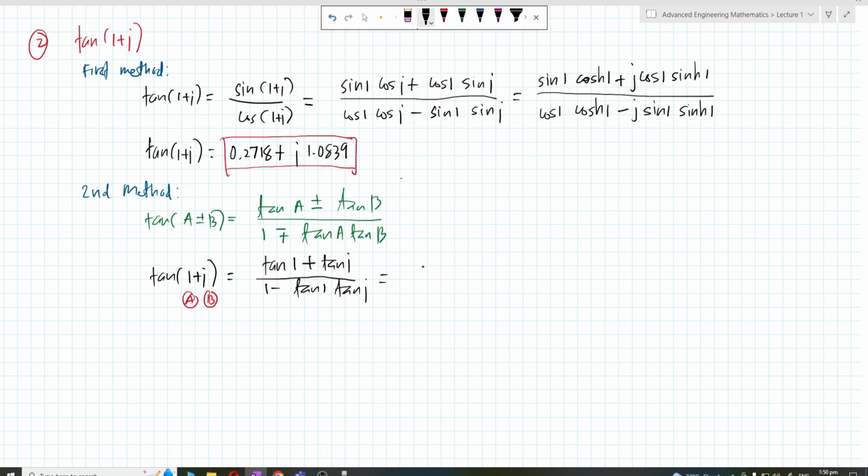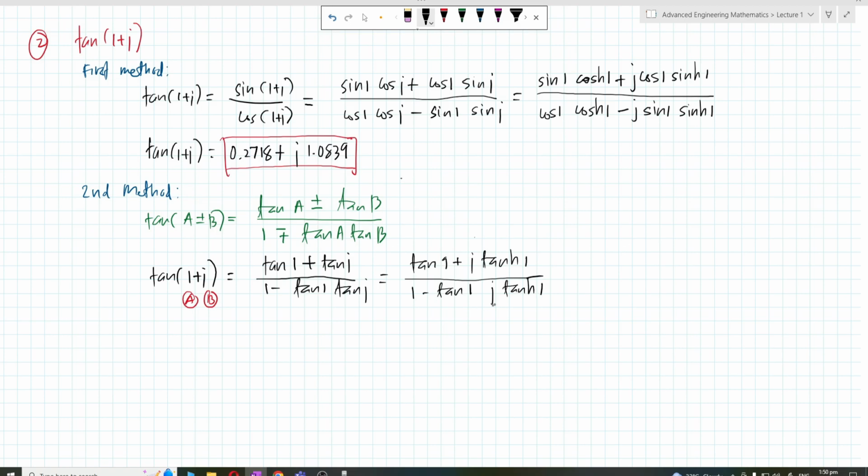Then rewrite the terms with j. So tangent of 1 plus, what is tangent of j? For j, it is the same as j tan hyperbolic of 1, over 1 minus tan of 1 and then j tan hyperbolic of 1.